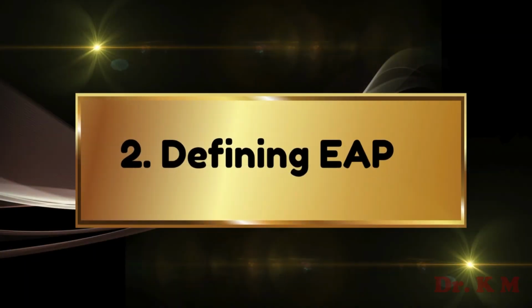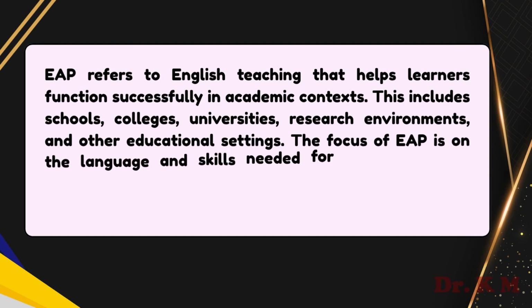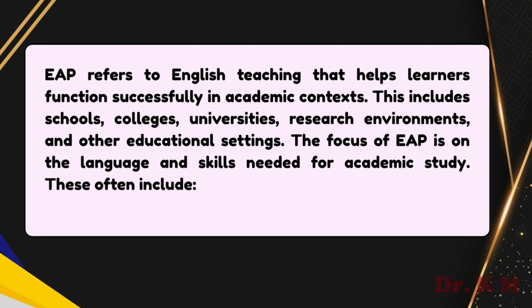2. Defining English for Academic Purposes. EAP refers to English teaching that helps learners function successfully in academic contexts. This includes schools, colleges, universities, research environments, and other educational settings. The focus of EAP is on the language and skills needed for academic study.